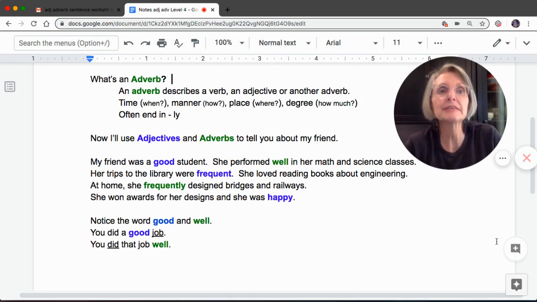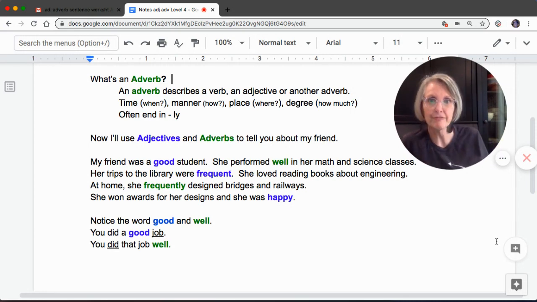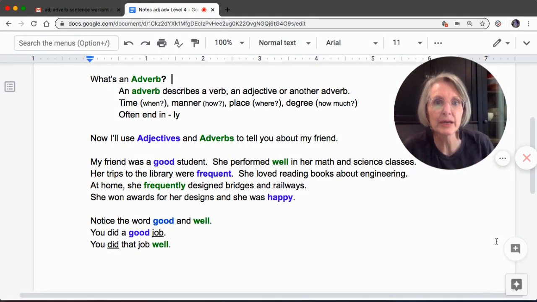So that's like saying she did well in her math and science classes. The next sentence, at home, she frequently, it ends in ly. It is an adverb. She frequently designed bridges and railways. Frequently tells me how often she designed bridges and railways.